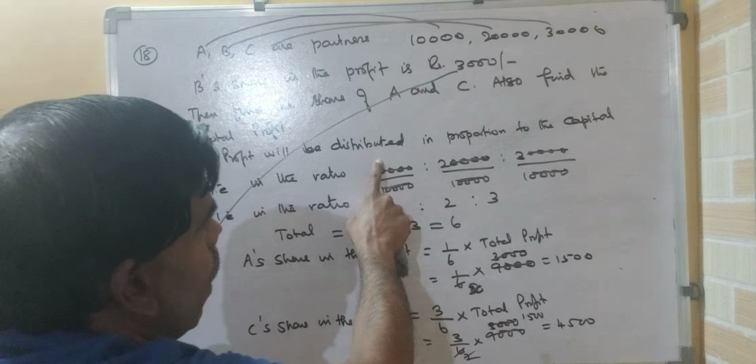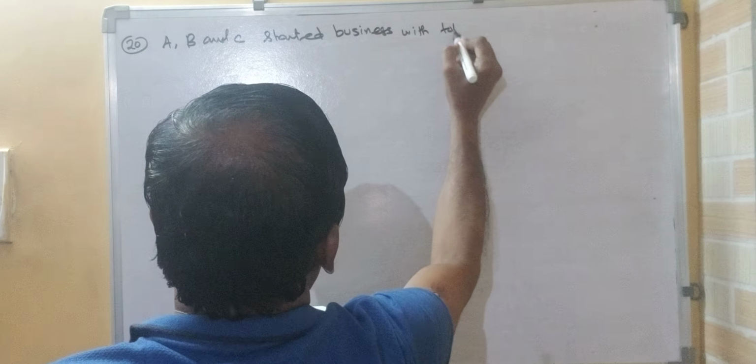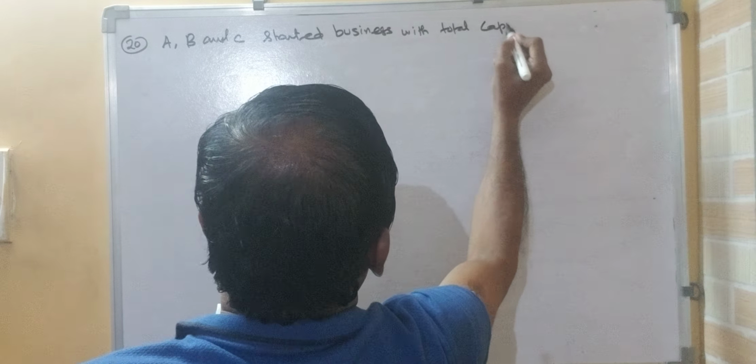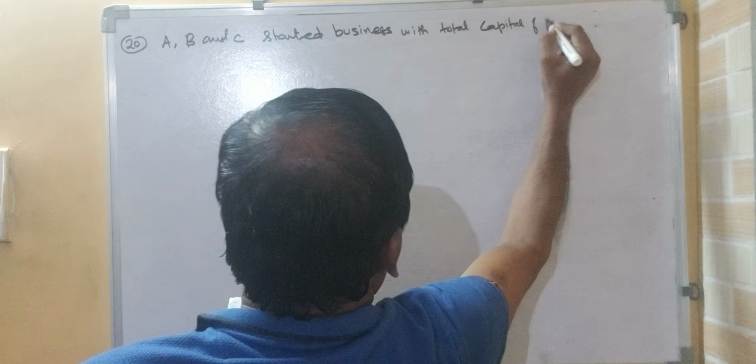A, B, and C started business with total capital of rupees 3 lakhs.